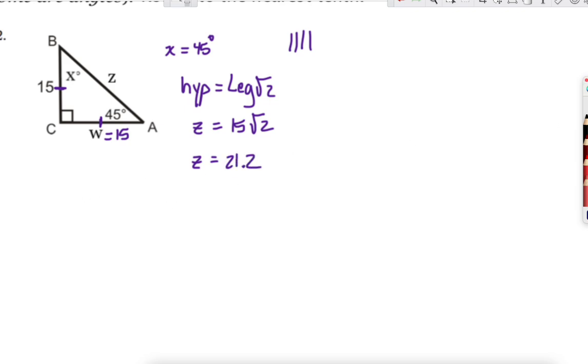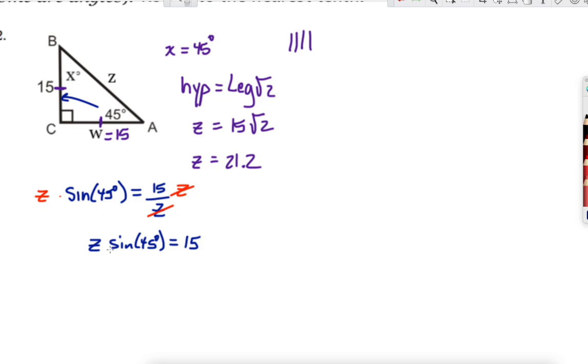We could have also used, how about we do sine again? So sine of 45 equals the opposite leg, 15, divided by the hypotenuse, which is z. I need to multiply z to both sides, and then z sine 45 equals 15.